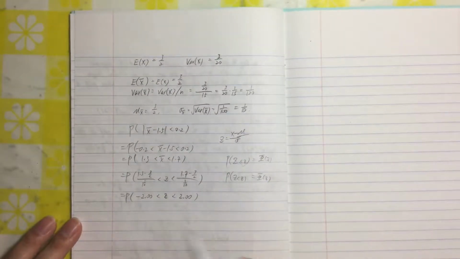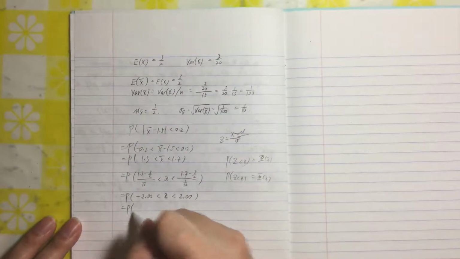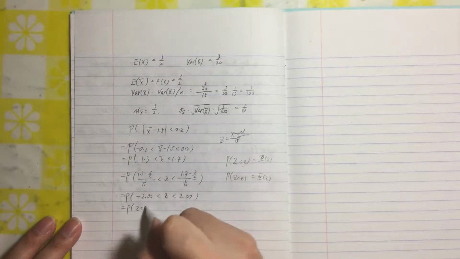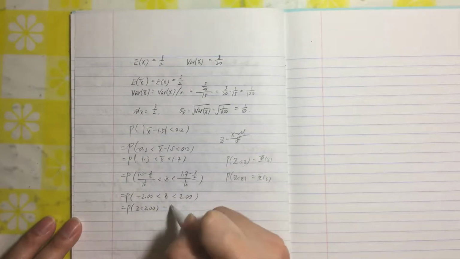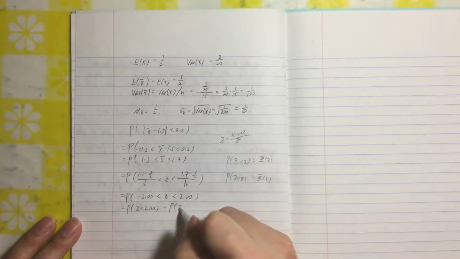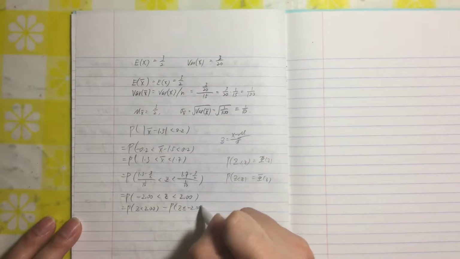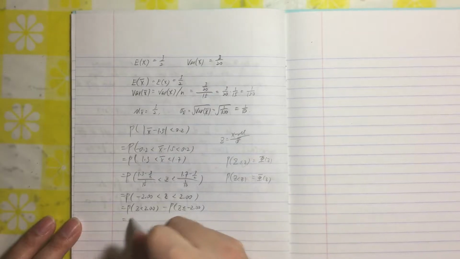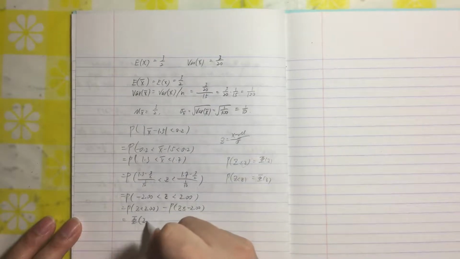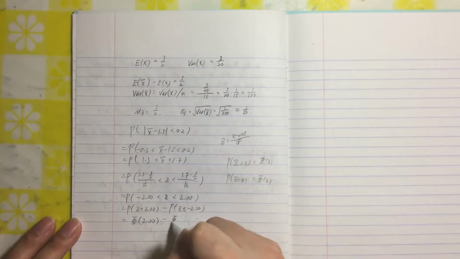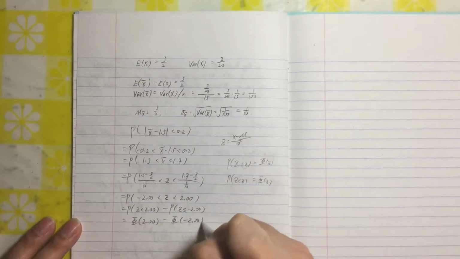So here, I can rewrite this probability as the probability that z is less than 2.00 minus the probability that z is less than or equal to negative 2.00. That's phi of 2.00 minus phi of negative 2.00.